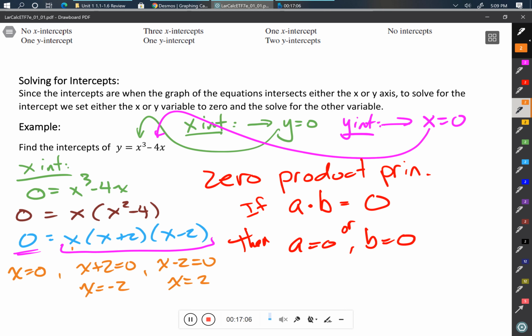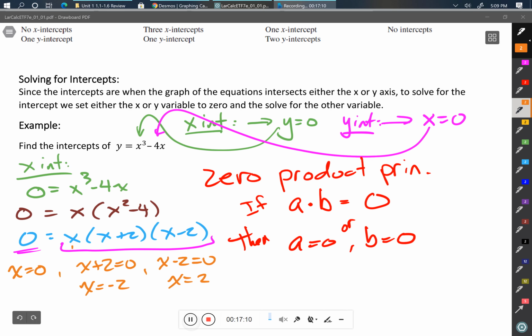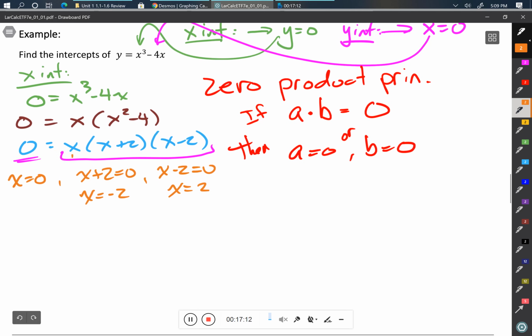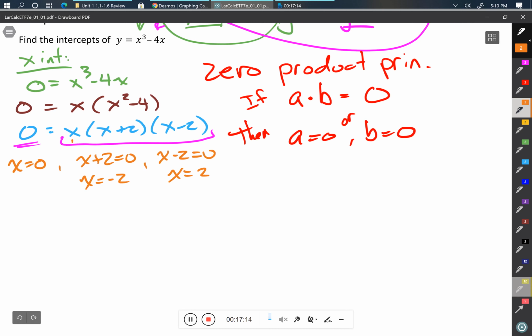So what have we found? Well, where did we start? Well, we started out by looking for x-intercepts. And when we were looking for x-intercepts, we knew that we were looking for points, solutions, points on the graph where the y value must be 0, and we were trying to find the x value.